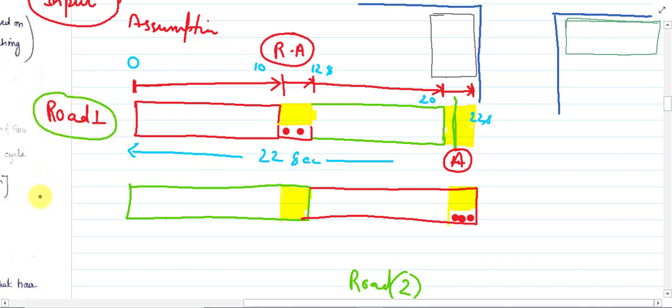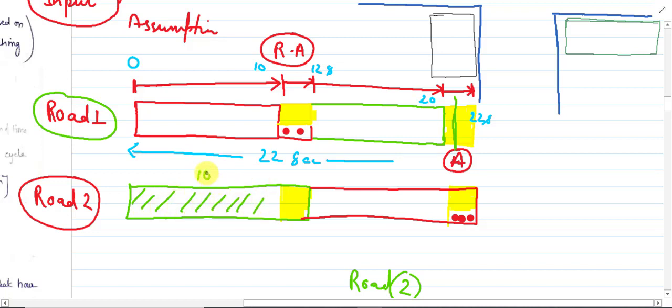So these signs are for your road 1. Now we move to the road 2 case. Whenever there is a red time on road 1, there must be green time on road 2. So this green time here is 10 seconds, which is similar to the red time. After the 10 seconds, we have 2 seconds of amber time, or you can say this is your clearance time.